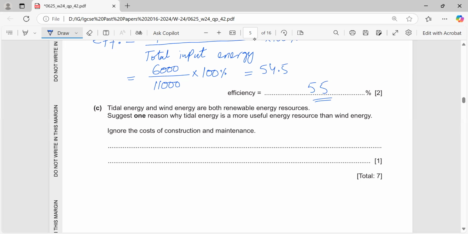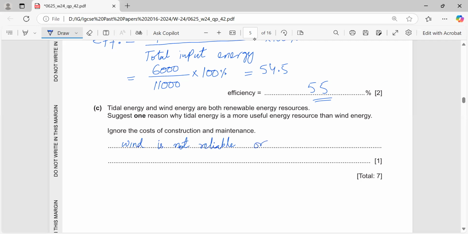So you can write: wind is not reliable, or it is not supplying a constant supply. Always the supply of the wind is variable, so we can say wind is not reliable.